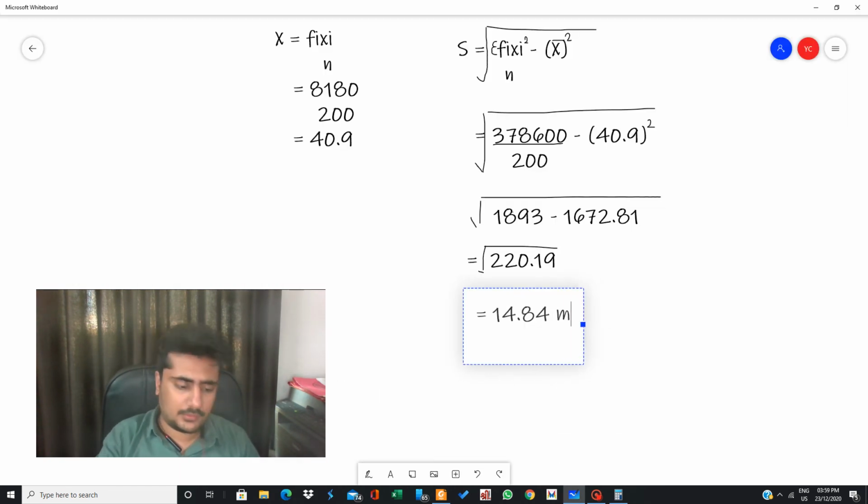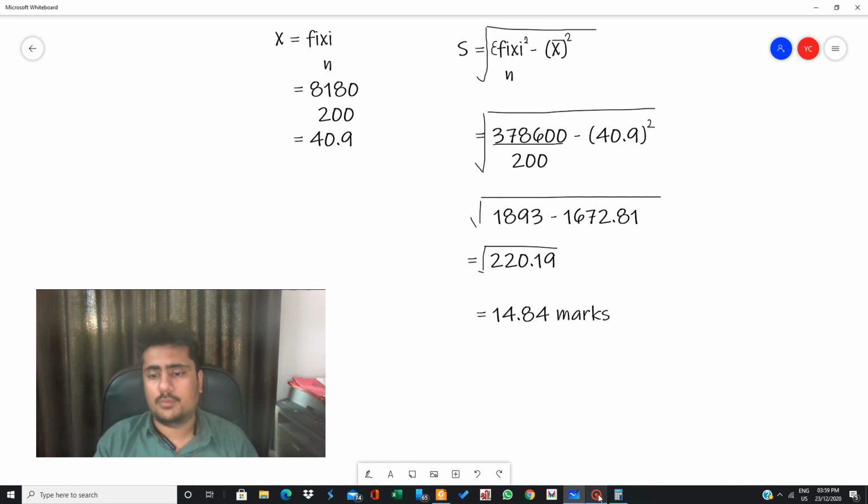Everything is in marks, so it will be in marks. This is 14.8 marks. Okay.